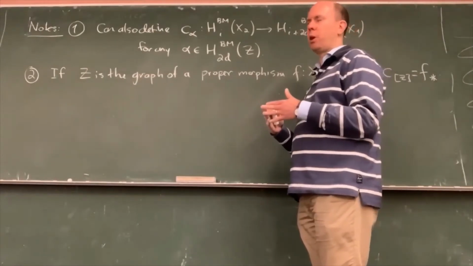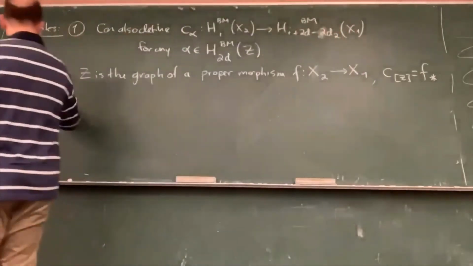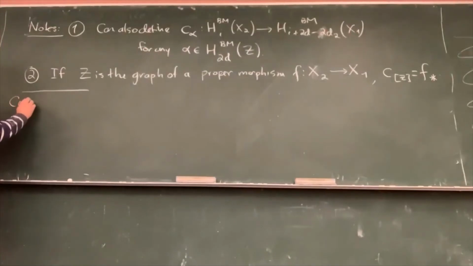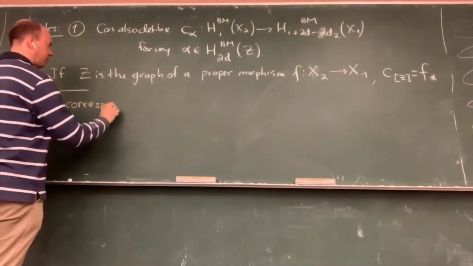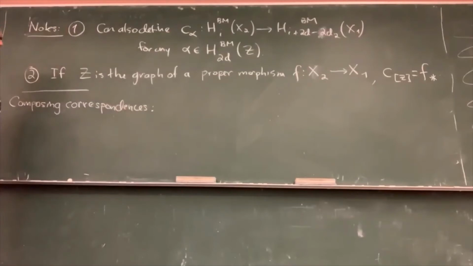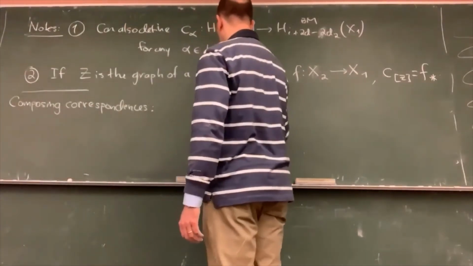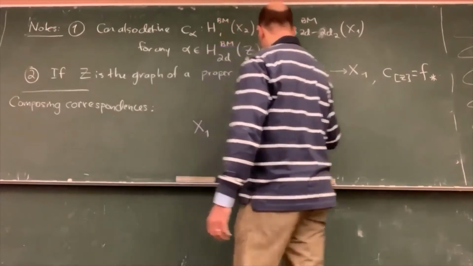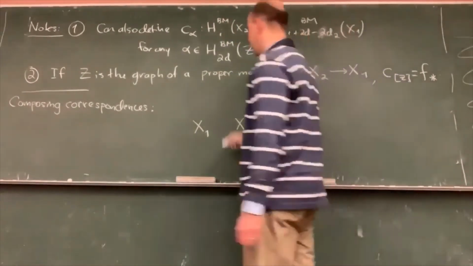You can compose those things that I've written there. So this ought to lead to some composition of these maps on homology. Suppose you have X1, X2, and X3, two consecutive pairs in this situation.